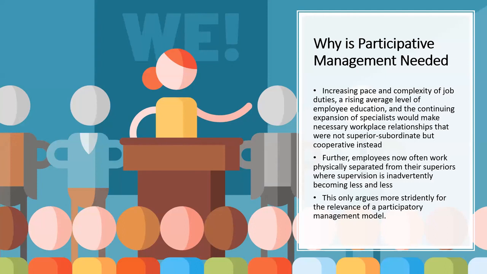So for me, for this article, because it's discussing participative management, I discussed that as organizations and the complexity of jobs become more and more complex, as the pace is becoming more complex, right? As we're expected to do more with less, and we're gently moving away from bureaucratic society, right?